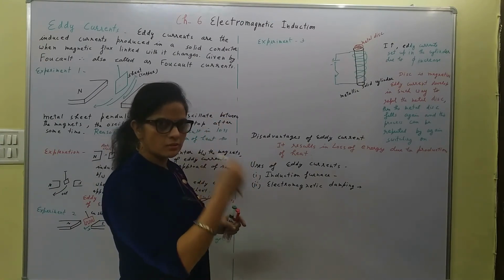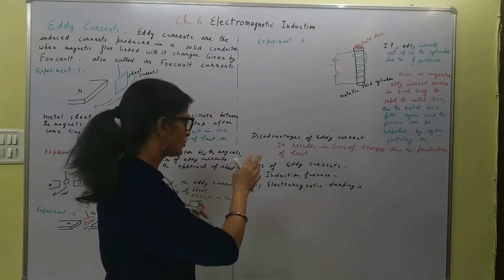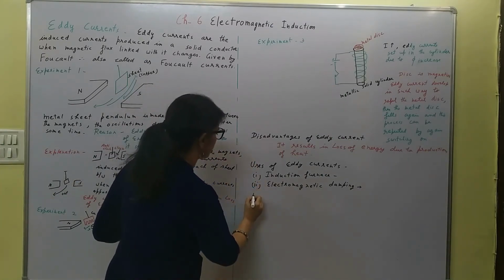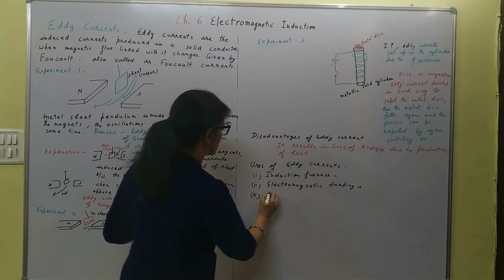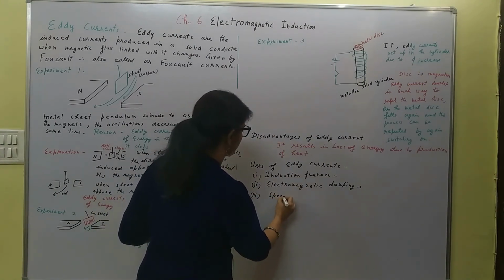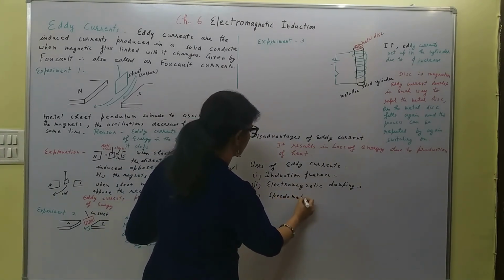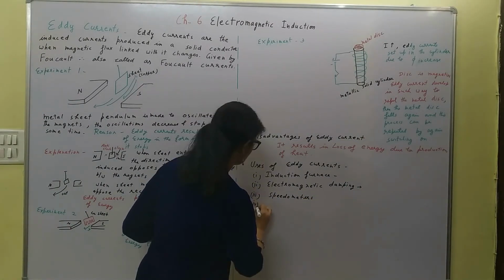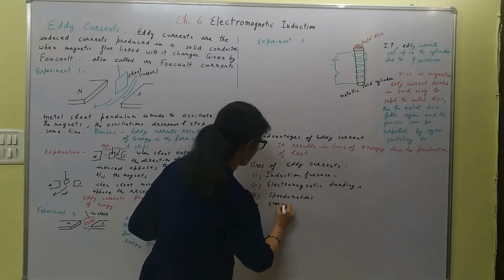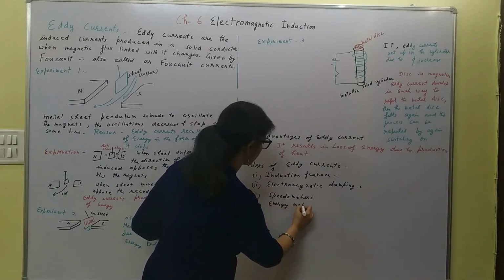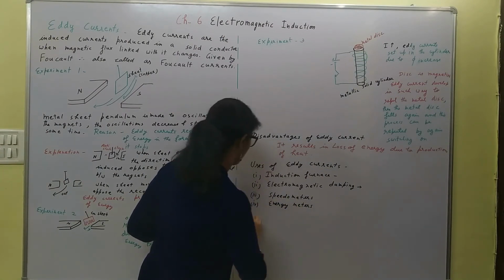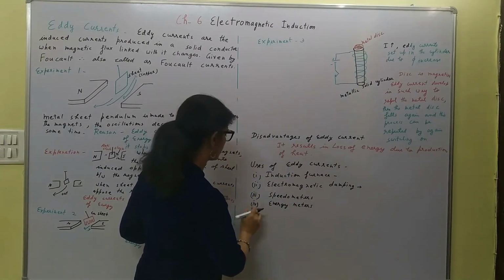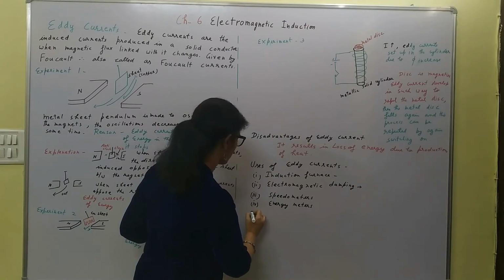So we need it to stop faster. So that's why we use this method here. Speedometers, energy meters, which are used in our homes for measuring the electricity units.